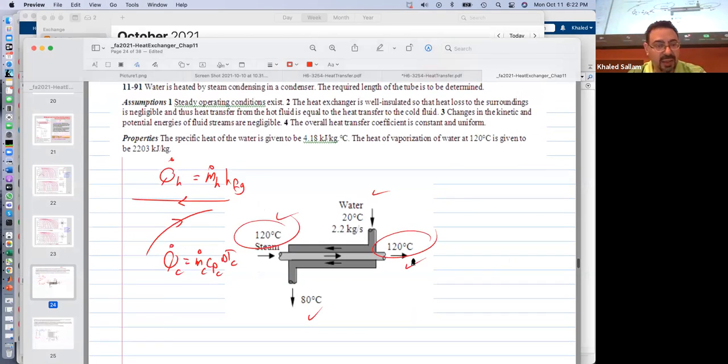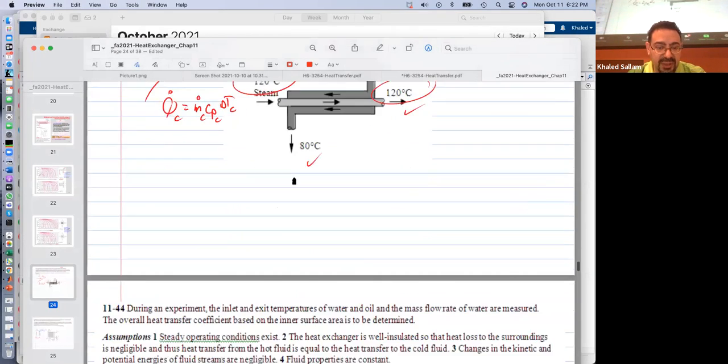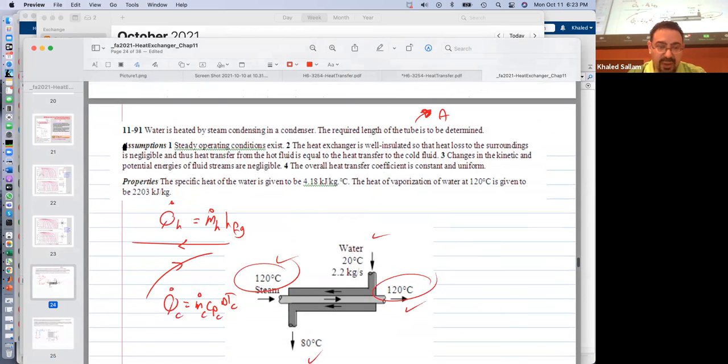But I guess I copied the solution without copying the problem statement. So if we open the book, this is from the Cengel book, not the MIT book. I bet you see this part, in the assumption the heat transfer coefficient is constant and uniform, they actually give us the value.